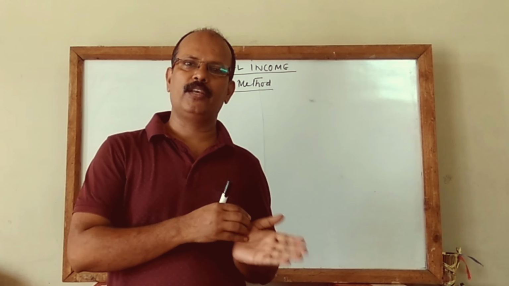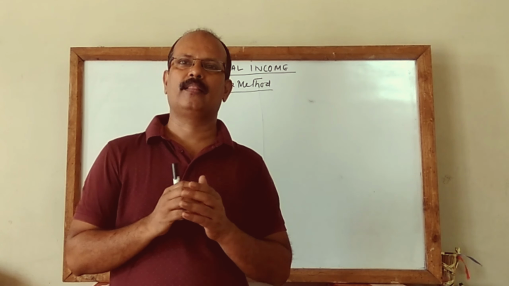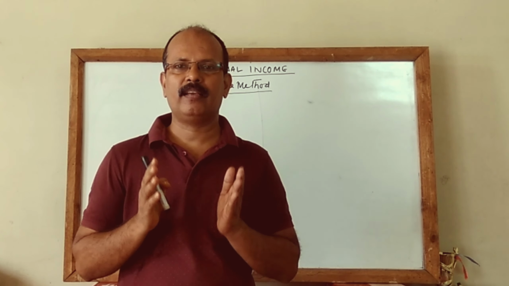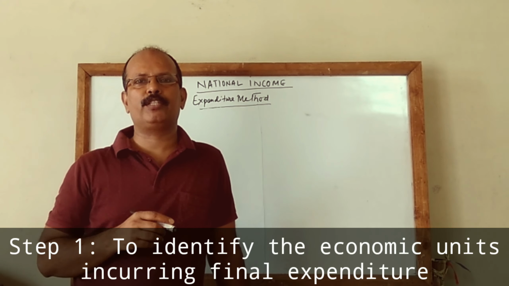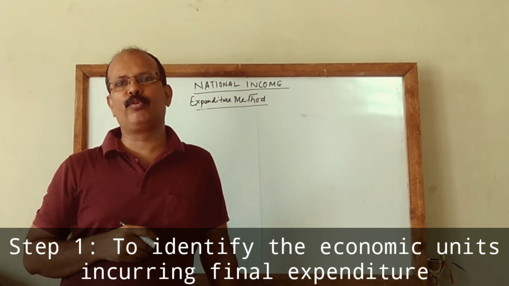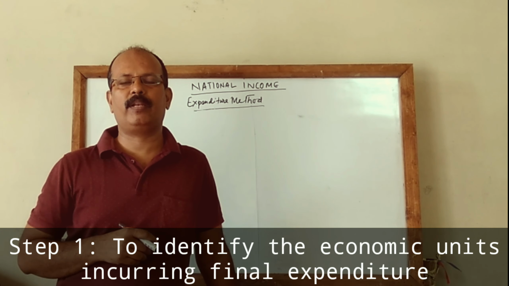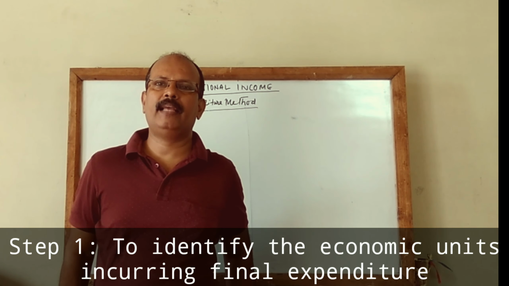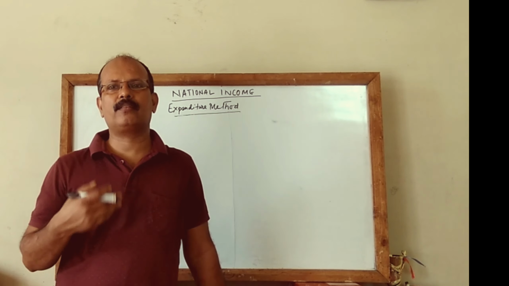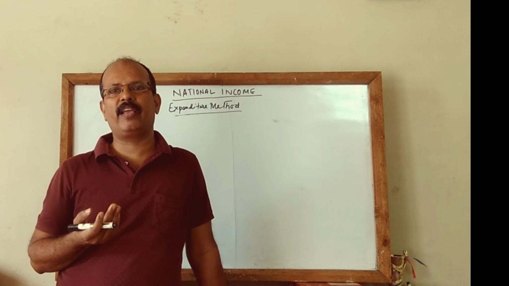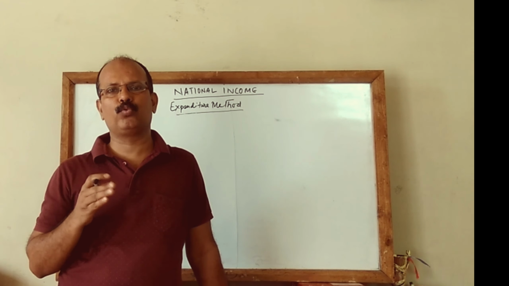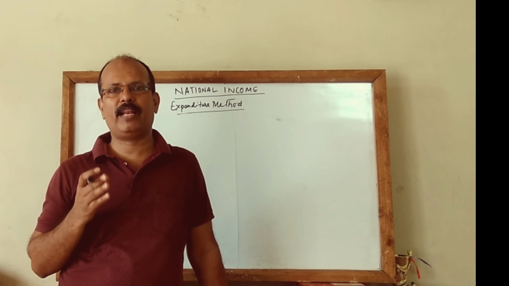Now, in this class, I am going to explain the different steps that we are following while estimating national income. The first step is to identify the economic units incurring final expenditure, that is household sector, farm sector and government sector. All these sectors are making expenditure, and on the basis of that we will make an estimation of national income.